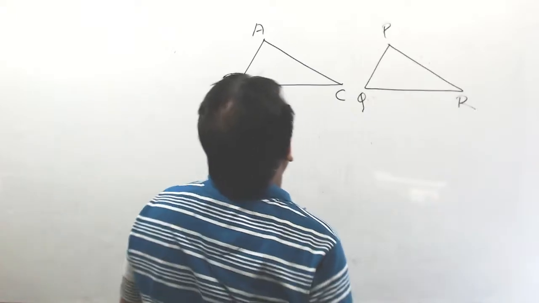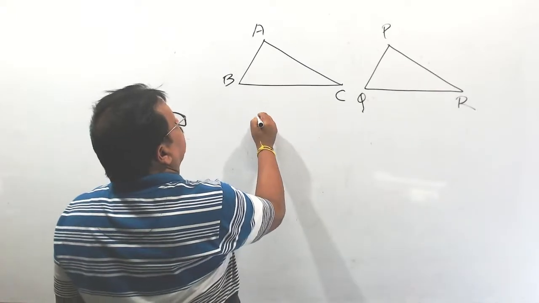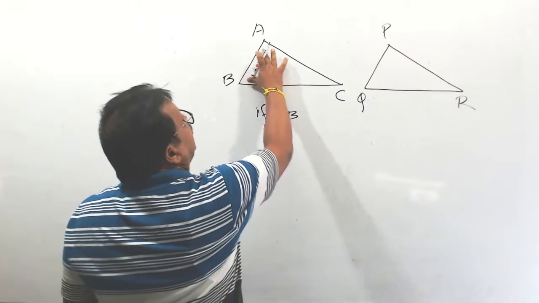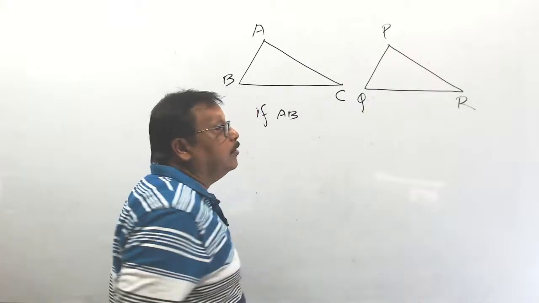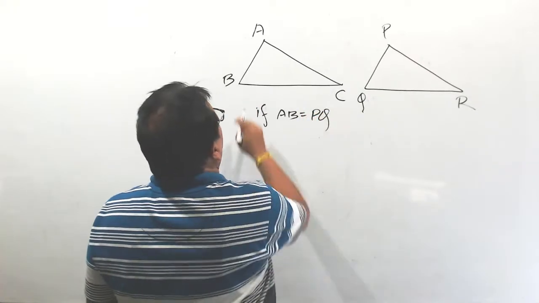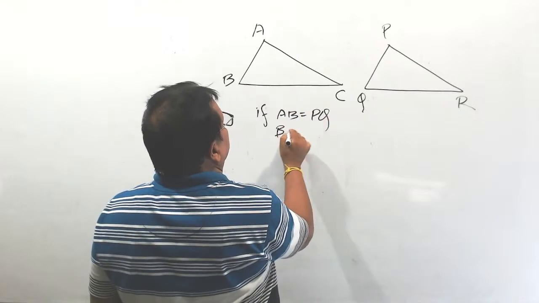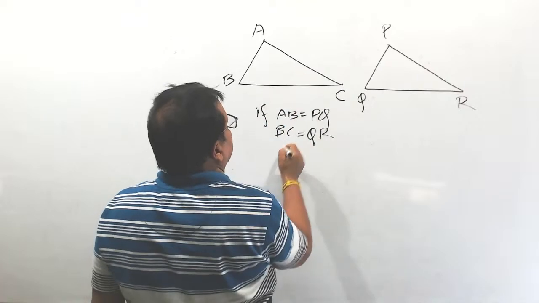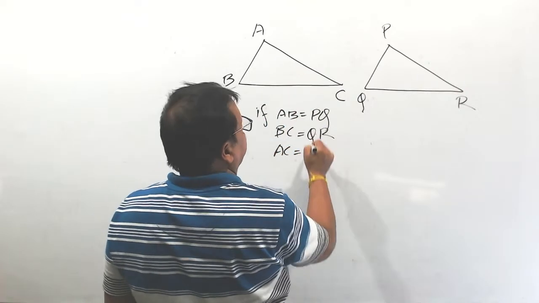Now see, the corresponding three sides: AB is equal to PQ, BC is equal to QR, and CA is equal to PR.